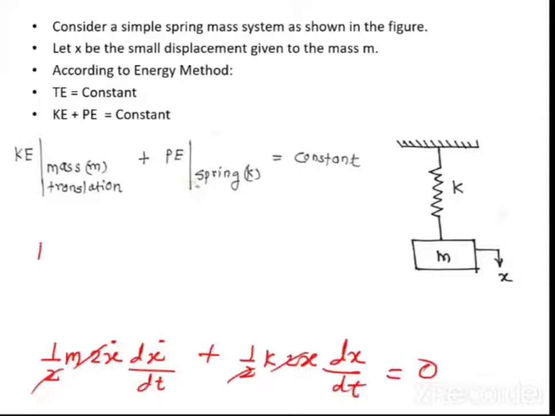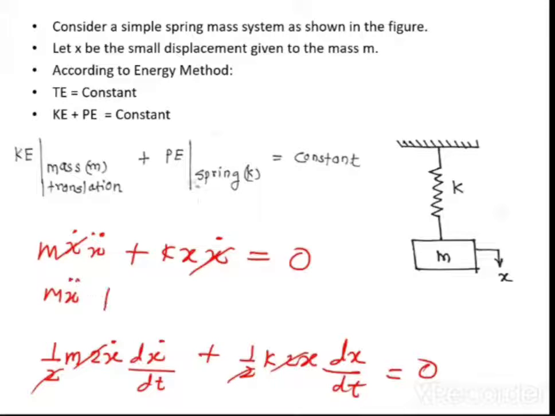So what will remain? m into x dot, x double dot, plus k into x dot is equal to 0. So x dot and x dot will get cancelled. So the remaining will be m x double dot plus kx is equal to 0. So what am I getting? x double dot plus k upon m into x is equal to 0.